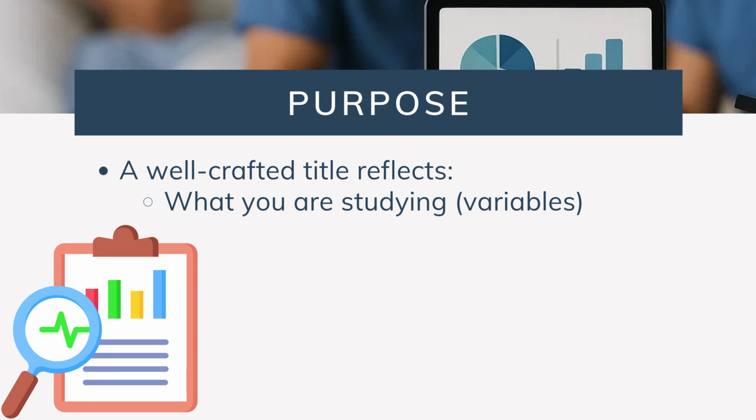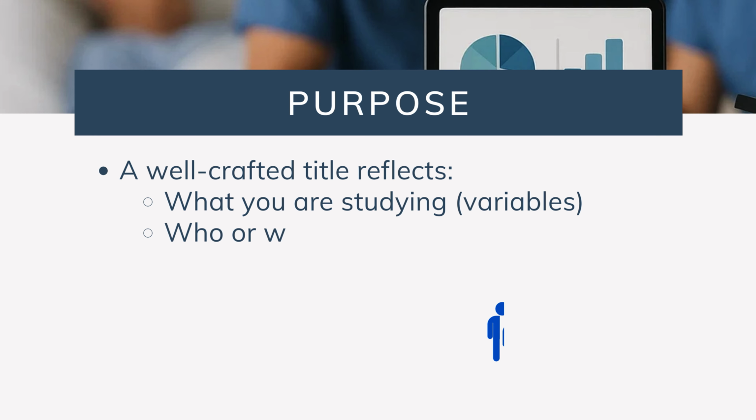Including them in your title is crucial because they guide the reader in understanding your research focus. For instance, if you are studying the effect of simulation based training, your title should make that evident. Leaving out the variables leads to ambiguity, which you should avoid at all costs.